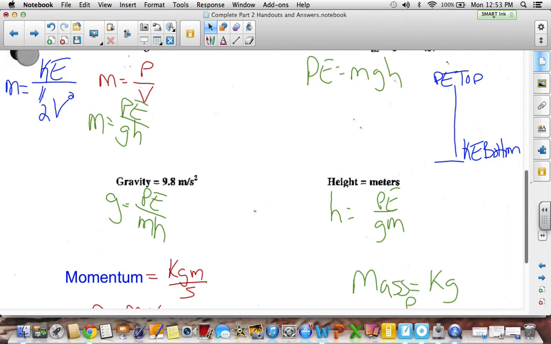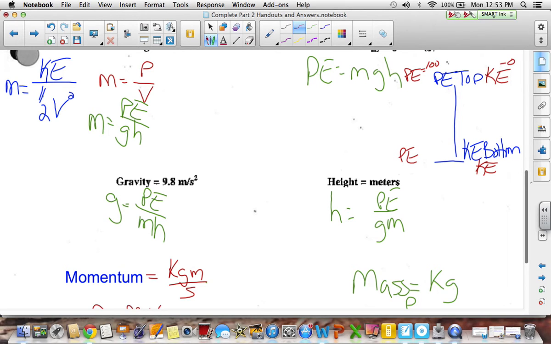to 100. At the top, if we had PE and we had KE, if you just look at the system there, the potential energy at the top would be 100%. The kinetic energy at the top would be equal to 0 because it's not in motion.